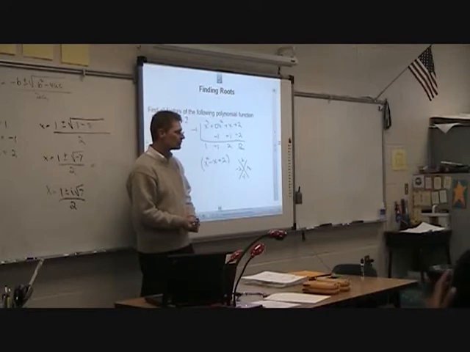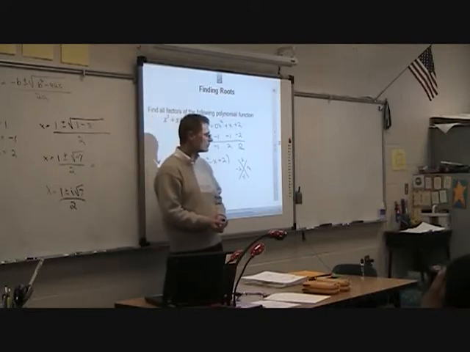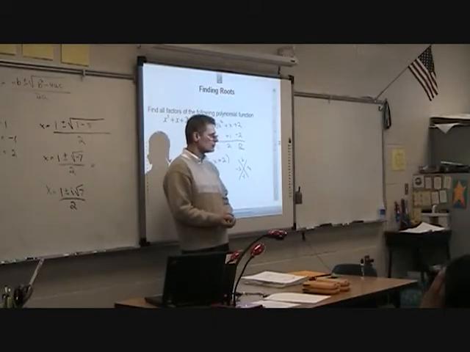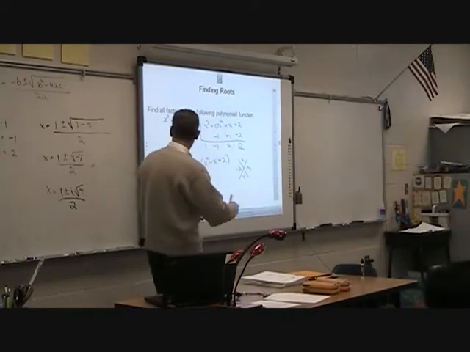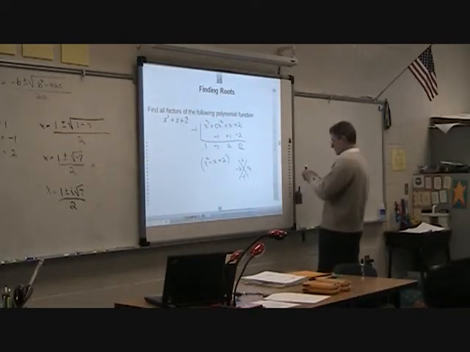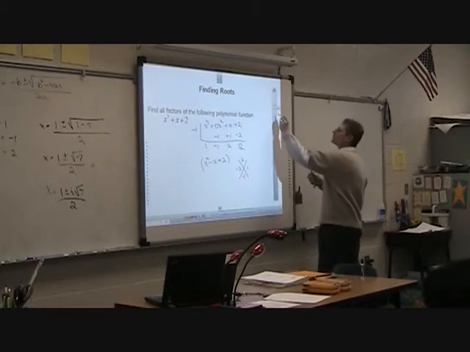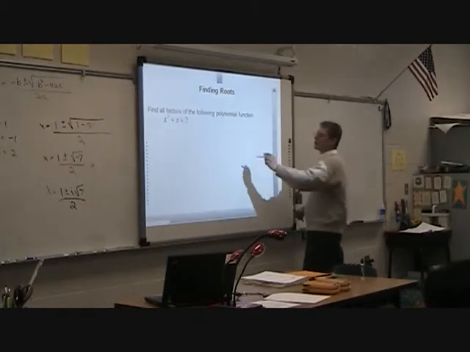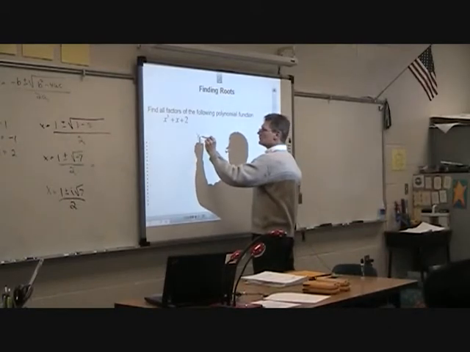And how do you write out the factors? Is it like x minus 1? Good question. So what I'll do is I'd write the factors like this. So x plus 1, right?